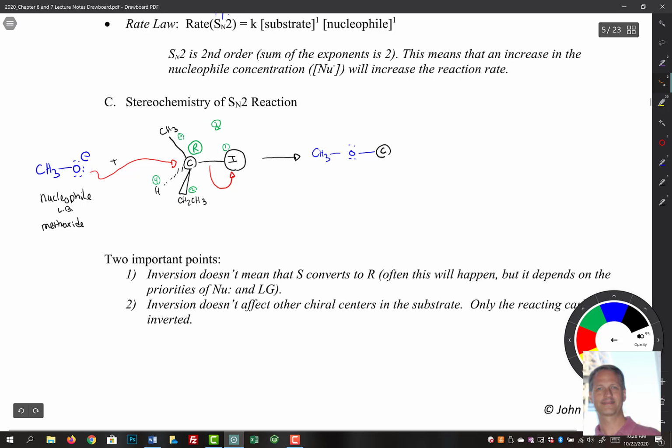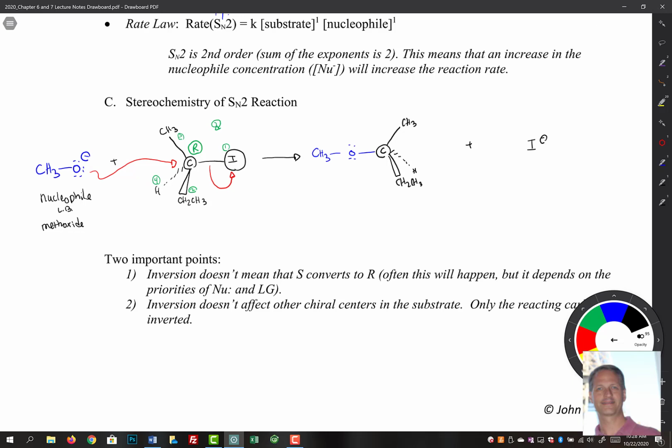I always thought of this like an umbrella getting caught in the wind and getting flipped out or inverted a little. So that's going to put our CH3 here, our ethyl group here, and our H group right here. And then, of course, we're going to get plus I minus.